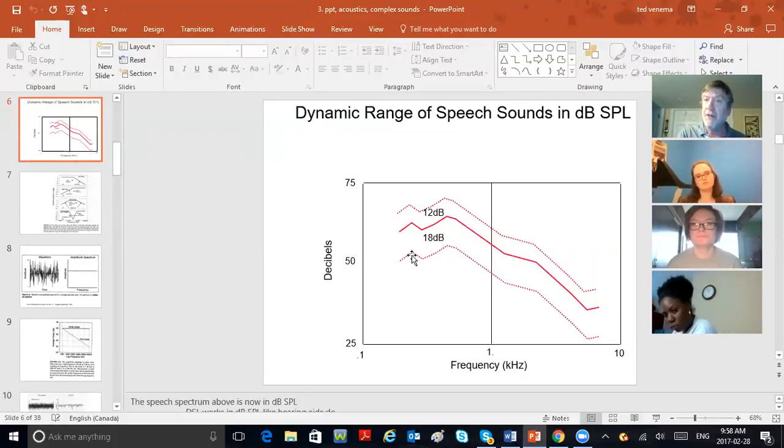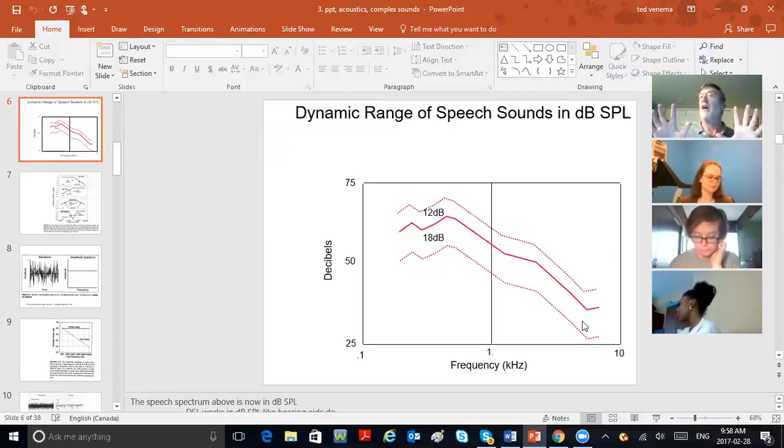Vowels louder and lower and tonal. Mid-frequency consonants, consonants that use your voice, are in the middle, and high frequency sounds of speech are not only softer, but they're totally noise. They're untonal. They're non-periodic.